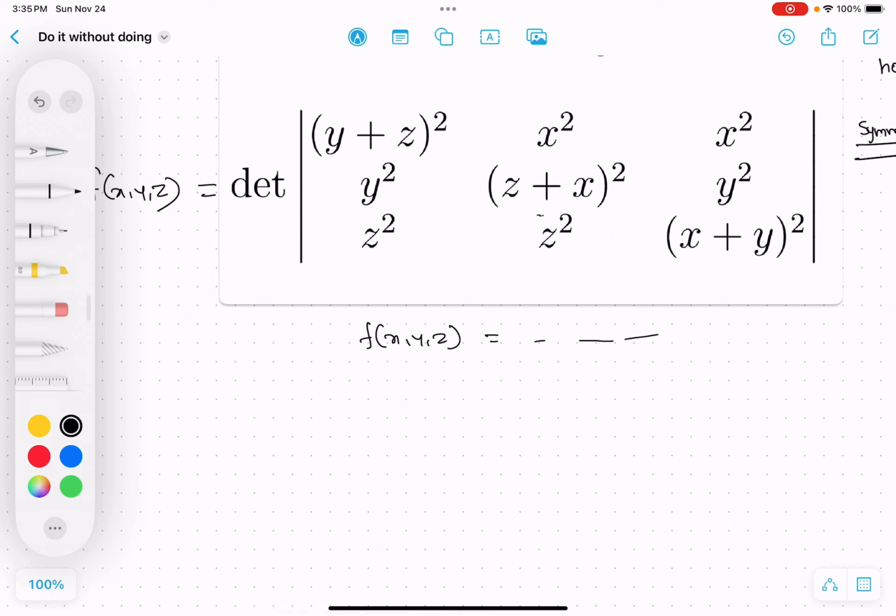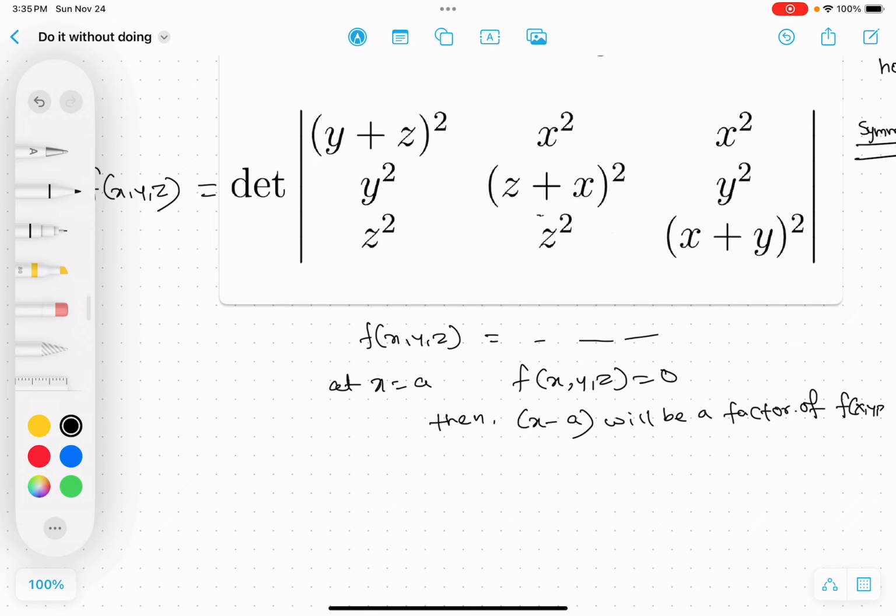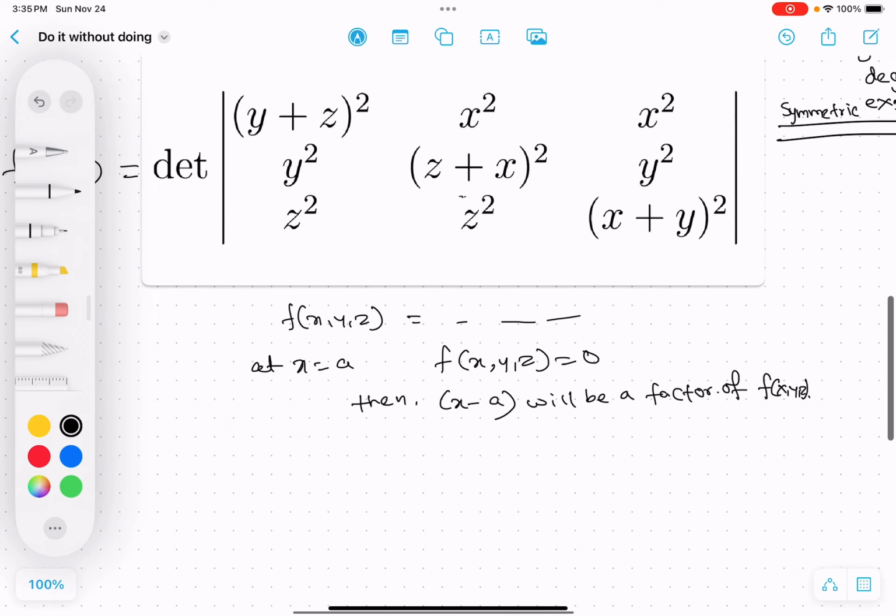Now I guess you learned in the factor theorem that if I substitute x equals a, and this expression becomes zero, then x minus a will be a factor of this expression f, right? I guess you know that, right? So we'll try to use the fact that when you substitute x equals a, and if that becomes zero, then x minus a is a factor.